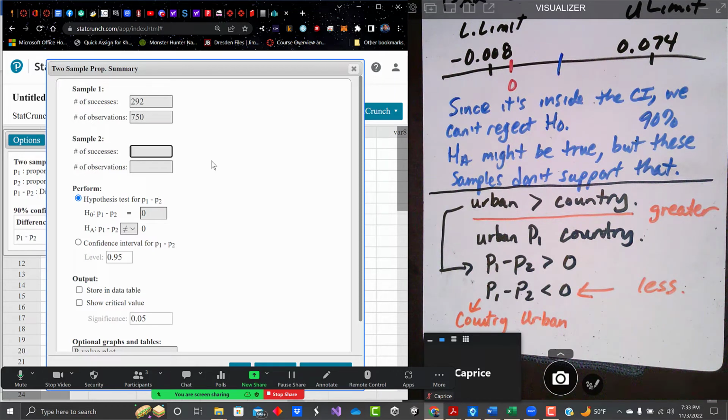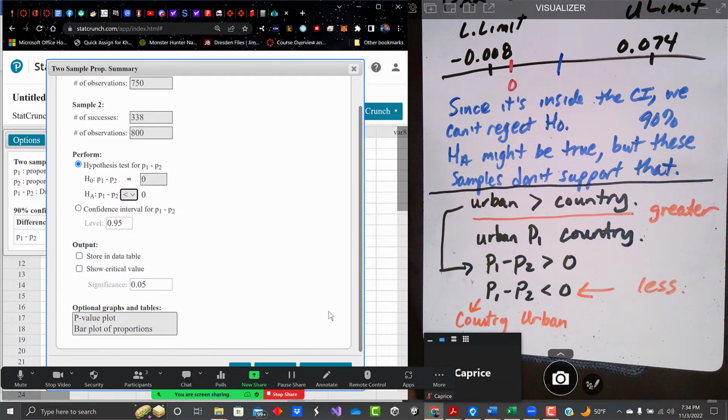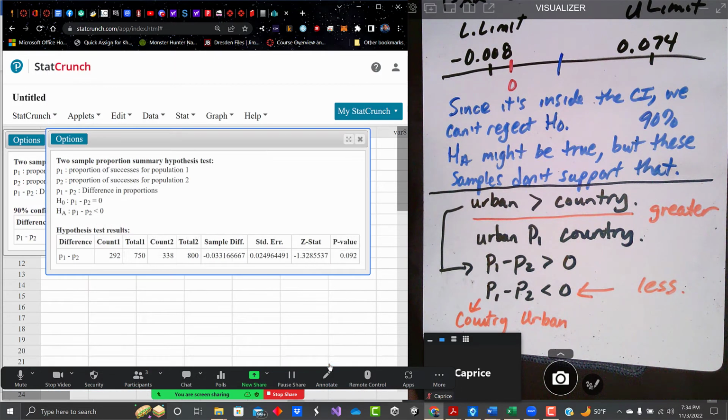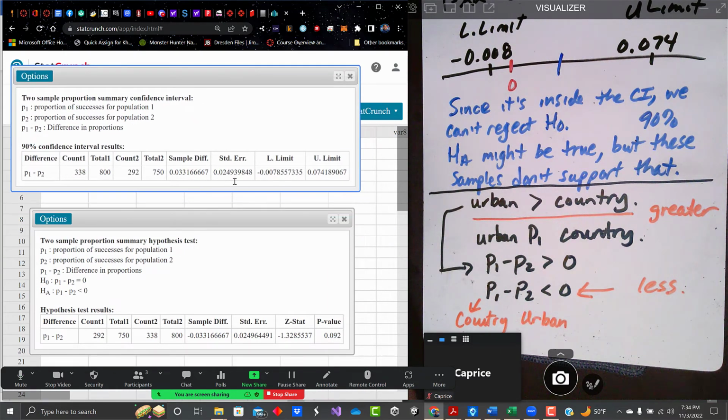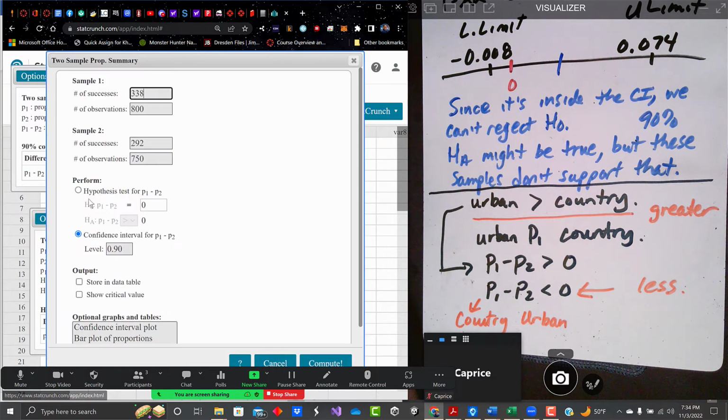That was the country, and the urban was 338 and 800. Here I'm going to do less than. And I click compute and notice, I have to go back and do the hypothesis test there too.